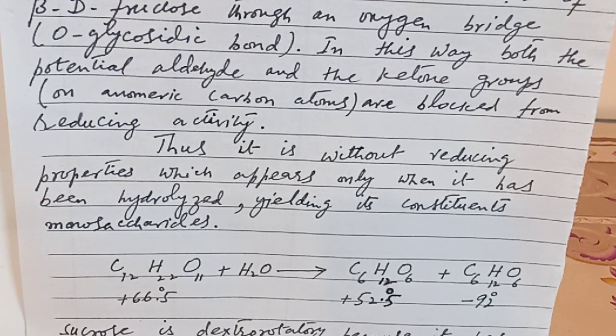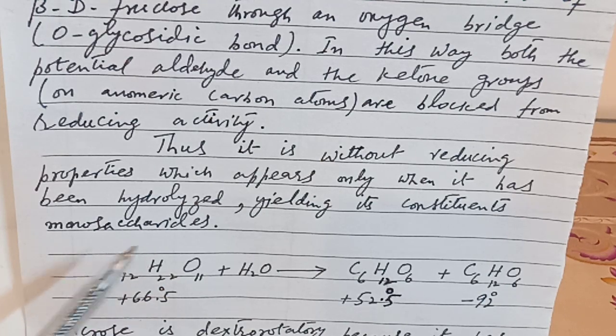Sucrose will be hydrolyzed into its components D-glucose and D-fructose, and the D-fructose will change from its furanose form into its pyranose form. So understand here, sucrose is dextrorotatory, rotating plane polarized light in a clockwise direction.